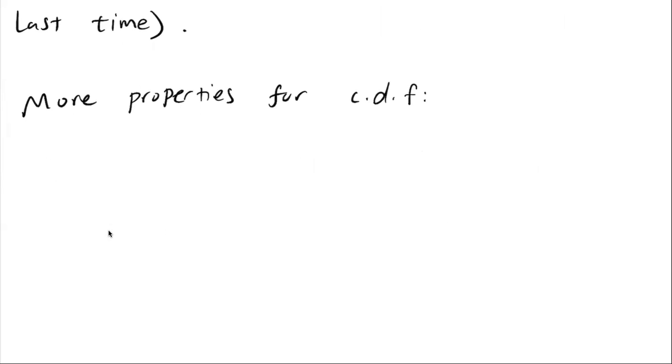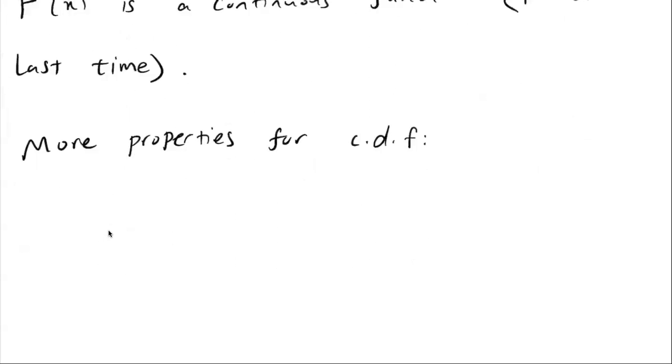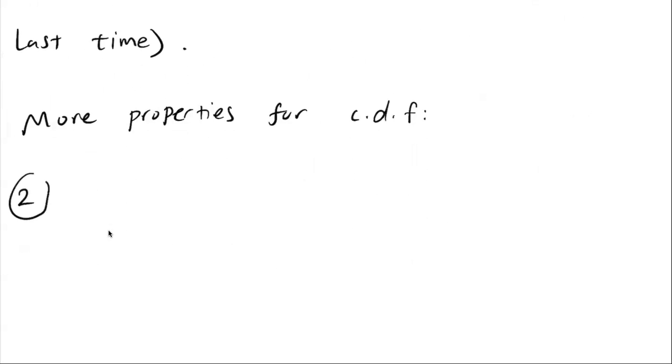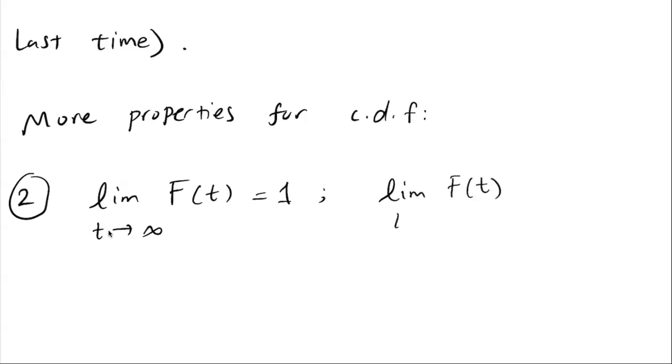So the first property we said last time. The second property: the limit of capital F of t as t goes to infinity is 1, and the limit of capital F of t as t goes to minus infinity is 0.